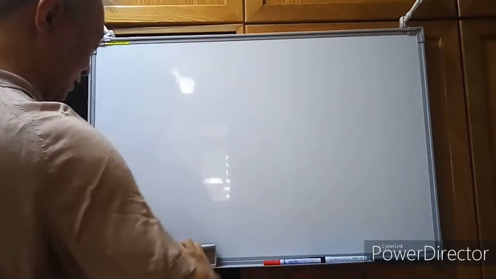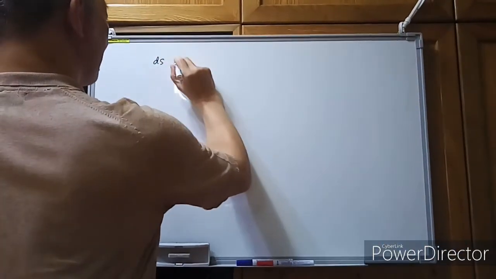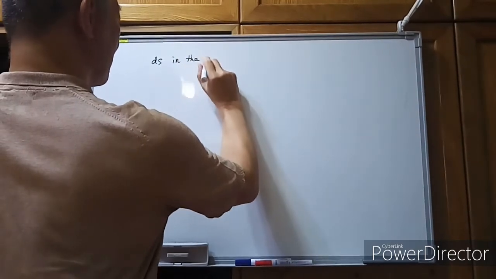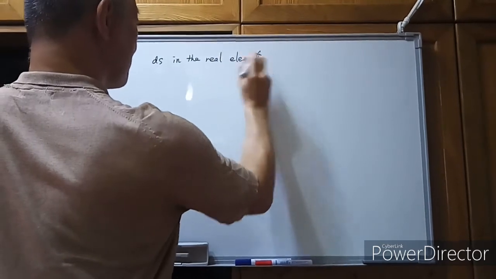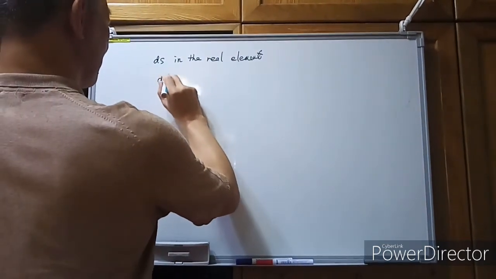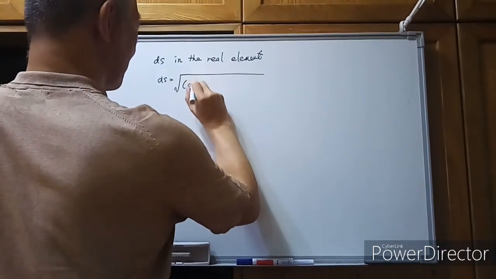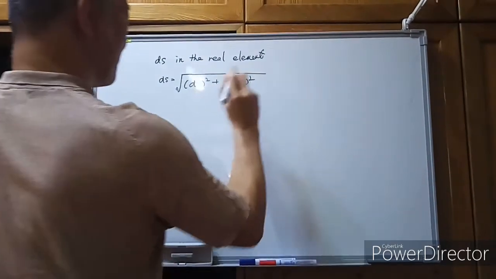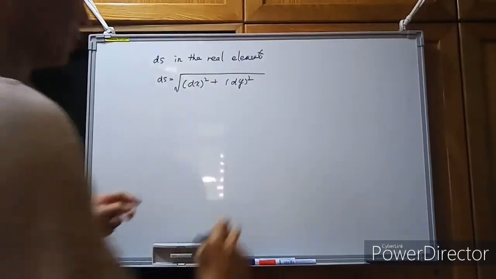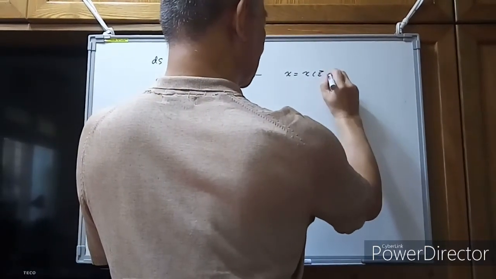Okay, then let's check how we can calculate the ds in the real element. And we know the x is a function of the c and the eta.